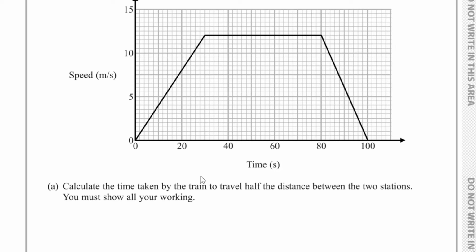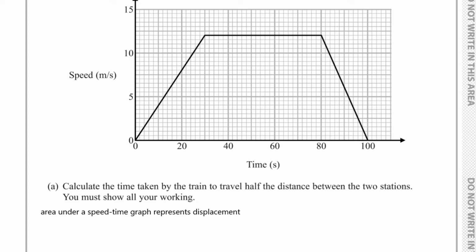Well, to do this question we can split this shape over here into small segments, and we need to recognize over here that the area under a speed time graph represents the displacement.